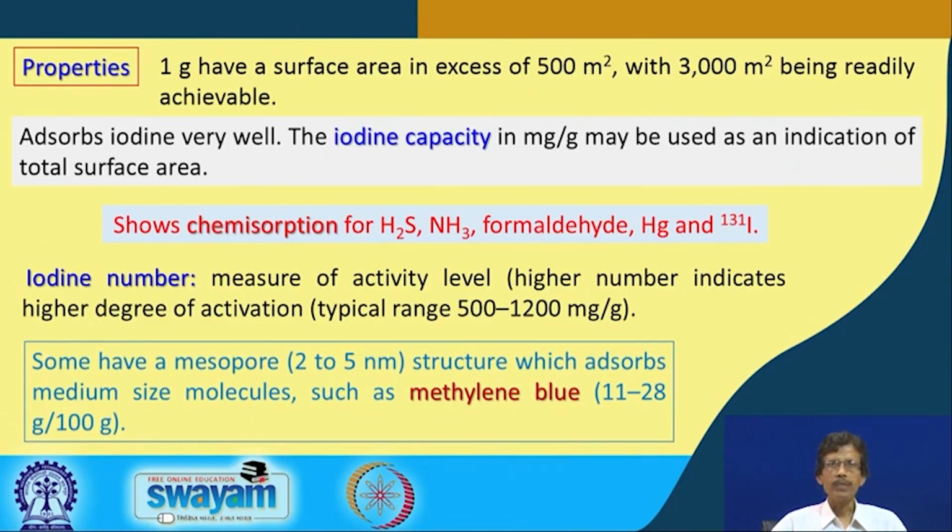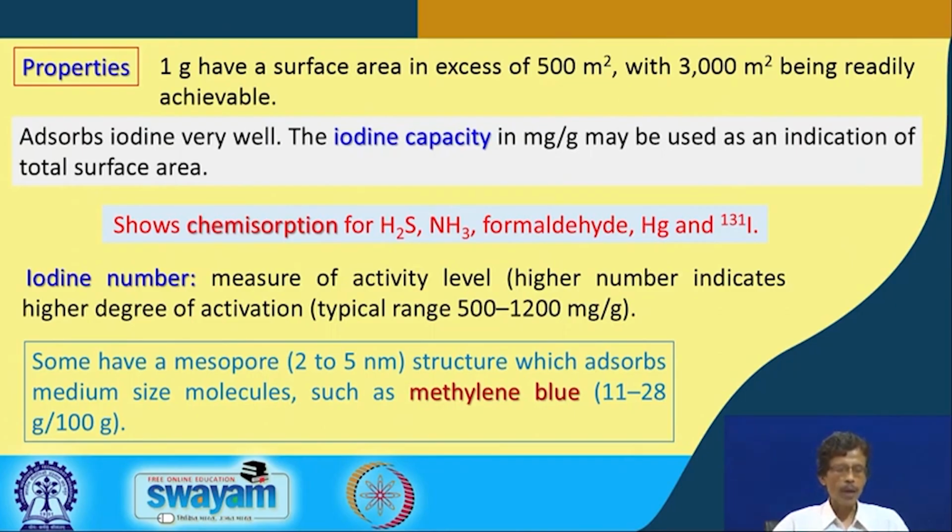We have seen that activated carbon materials have different pores. Now, in terms of pore sizes, what are those different sizes? One is the meso. Some materials we call mesoporous carbon or mesoporous activated carbon.